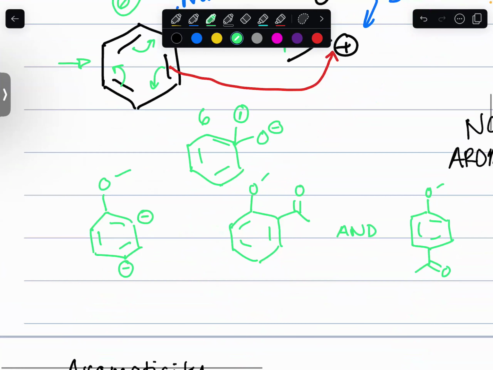With this one, you have a lone pair here that could push down and create this minus. And then if you wanted to go further, it would push this down and create this anion. And it can technically go one further, like this. But the red and the pink are going to be the same because they're symmetrical, so they'll look the same.